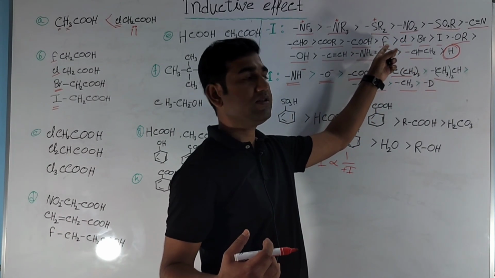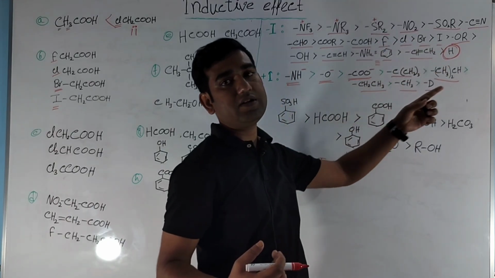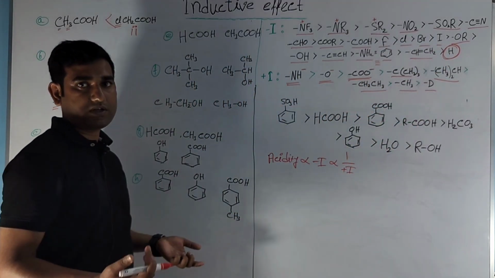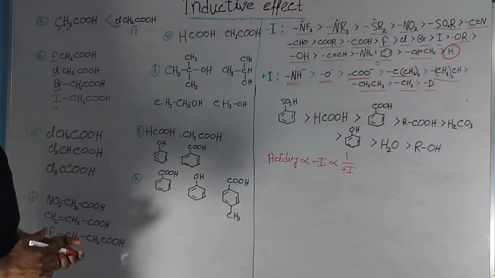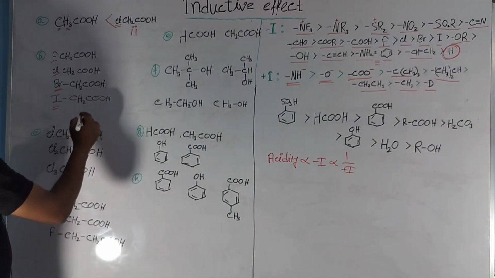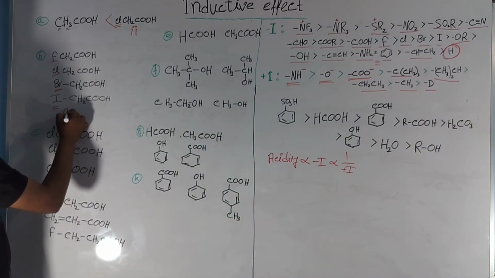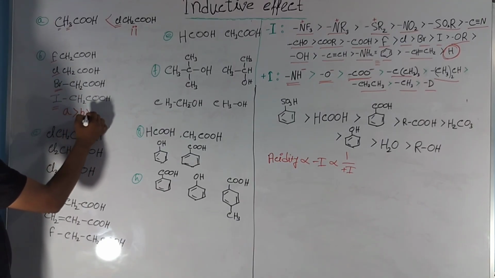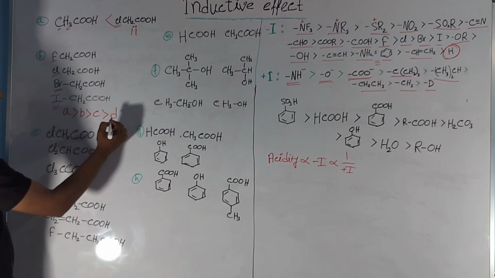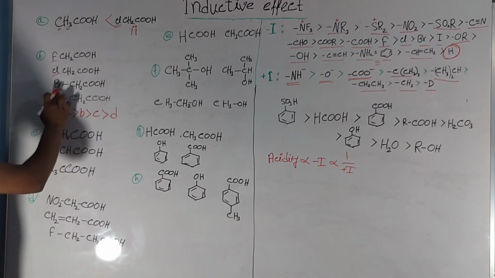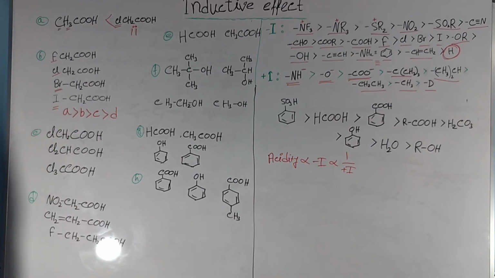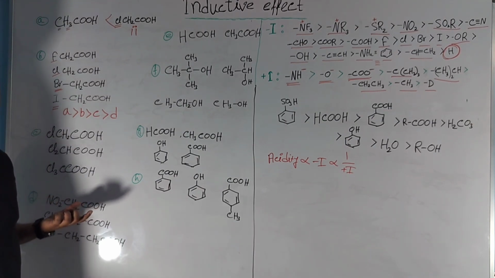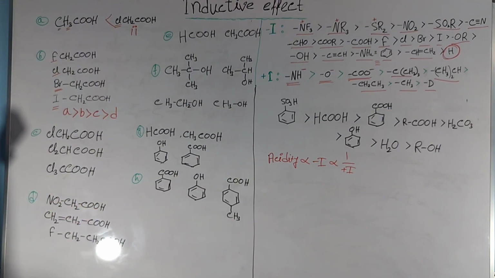So the electronegativity series is fluorine, chlorine, bromine, iodine. So electron withdrawing power is also the same: fluorine, chlorine, bromine, iodine. So A is more acidic compared to B, compared to C, compared to D. Due to iodine being the least electronegative, so as minus I power increases, acidity will increase.